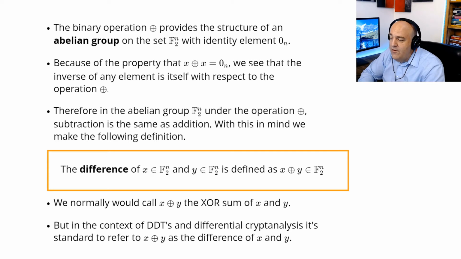With this in mind, let's make this definition: the difference of 2 elements x and y in F2^n is defined as x plus y. Maybe that's a little bit odd, but since subtraction and addition are the same in this abelian group, it's common to do that. Normally, we would call x plus y the sum of x and y, but in the context of DDTs and differential cryptanalysis, it's standard to refer to x plus y as the difference of x and y.